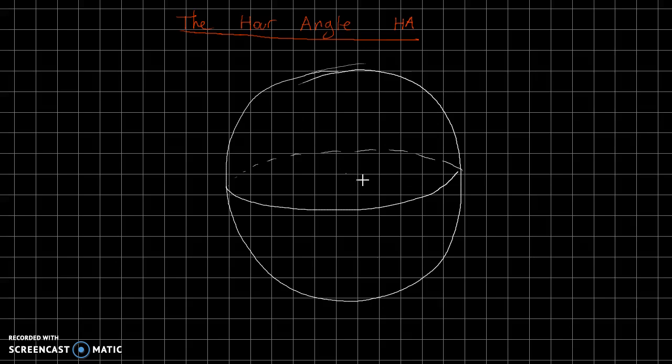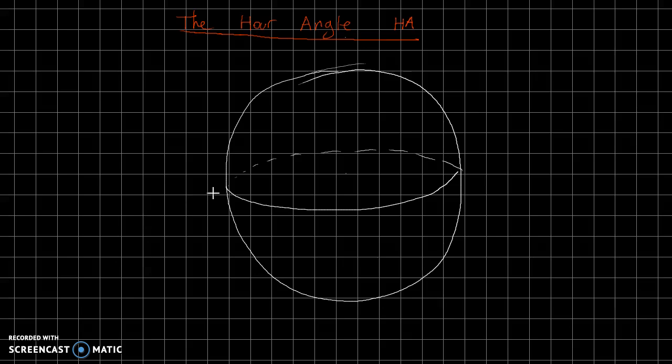Remember that right ascension and declinations, which are coordinates fixed with the celestial sphere, move with respect to the observer, since the celestial sphere itself moves with respect to the observer. So again, the hour angle does not move relative to the observer.